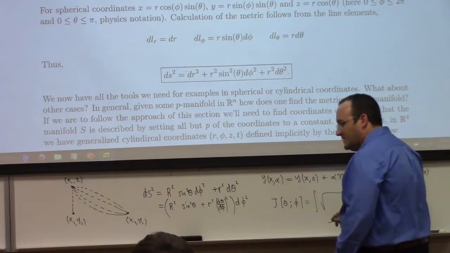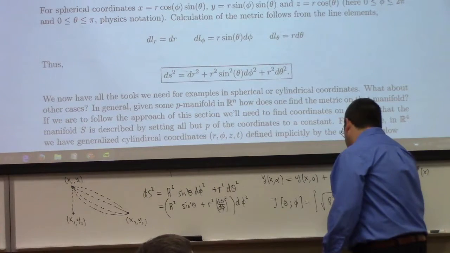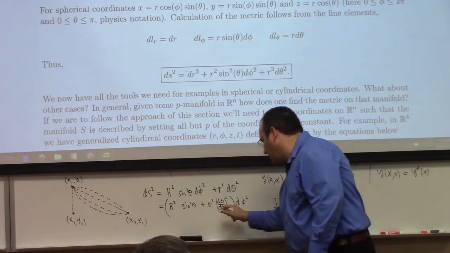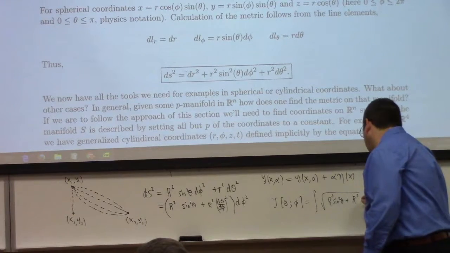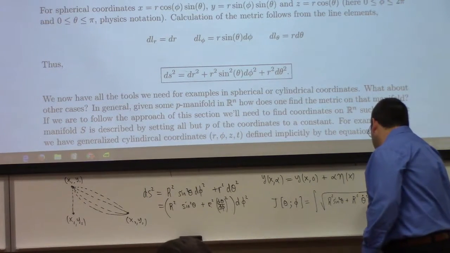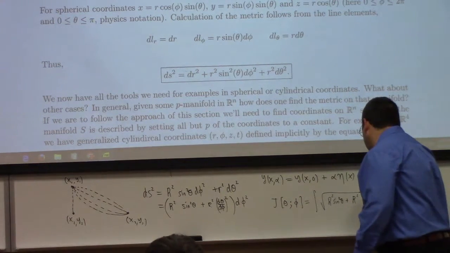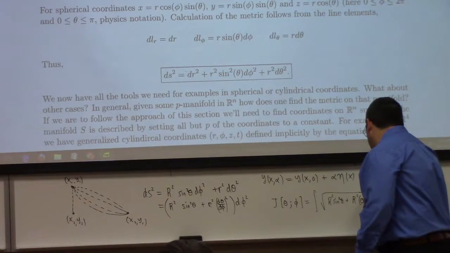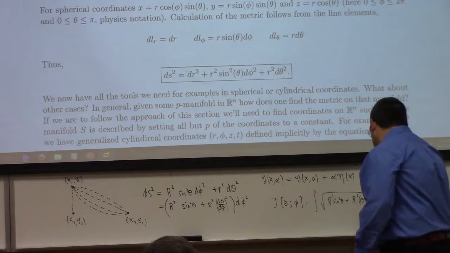Here I'll put the square root in just for kicks: the square root of r squared sine squared theta plus r squared theta prime squared, d phi. I don't know what the best notation here is, theta prime. I usually try to reserve the dot for time, so fine.